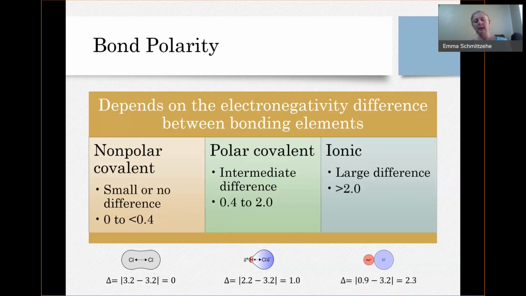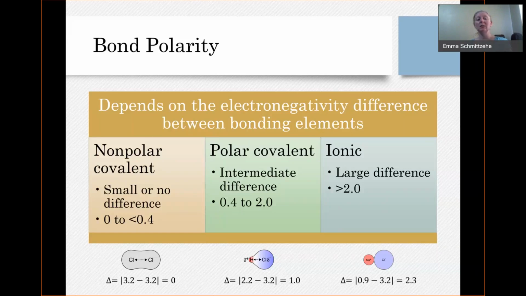And so in this case, it came out to 2.3, so it came out greater than 2, indicating there's a significant unequal sharing, so much so that really it's not even sharing. The chlorine's just taking those electrons, whereas the sodium is letting it, and so then it forms a cation and an anion, and they then are attracted by way of an electrostatic attraction, which we call an ionic bond.